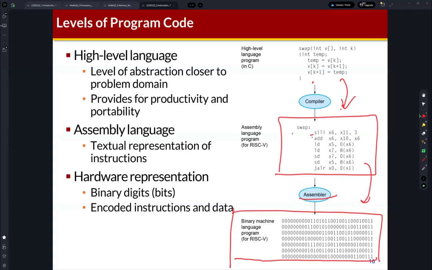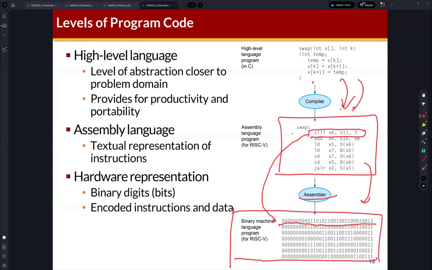You can find that one line of instruction in the assembly code is mapped to one line of machine instruction. It's nearly a one-to-one mapping from assembly instruction to machine instruction.